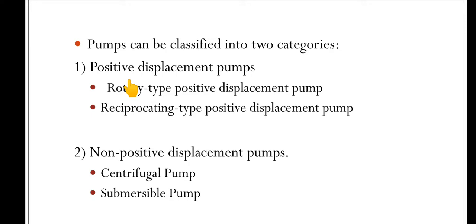Now this positive displacement pump is further classified into two types: the rotary type and the reciprocating type. Let's see what a rotary type displacement pump is. In a rotary positive displacement pump, we move the fluid using a rotating mechanism that creates a vacuum that captures and draws the liquid.